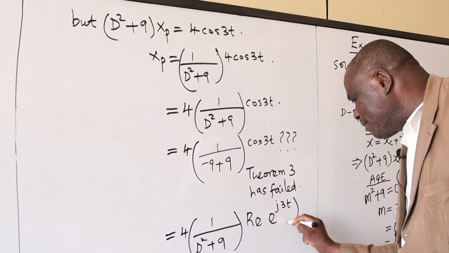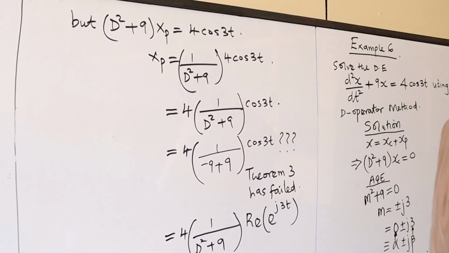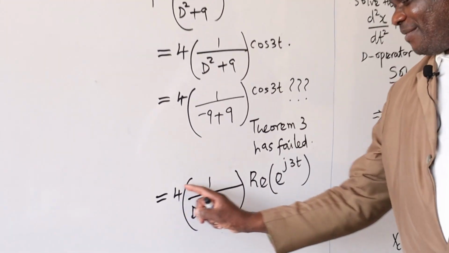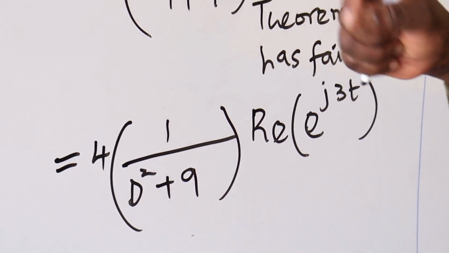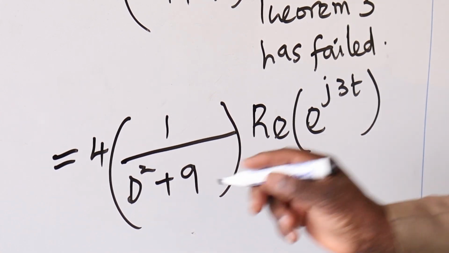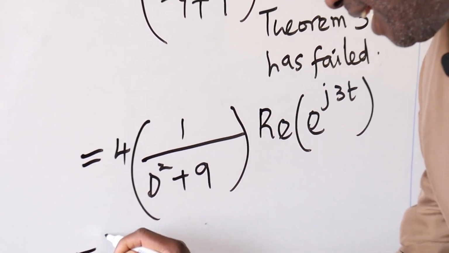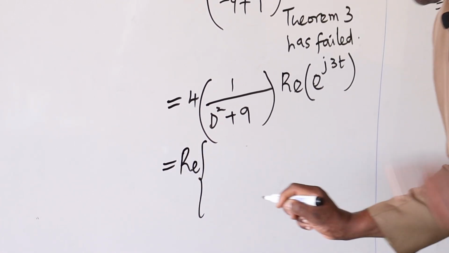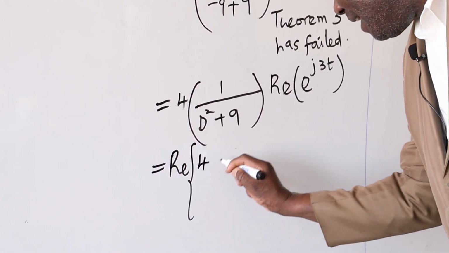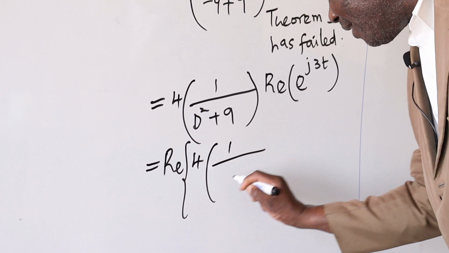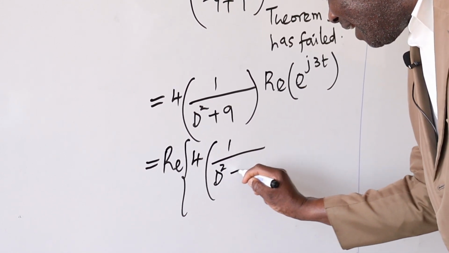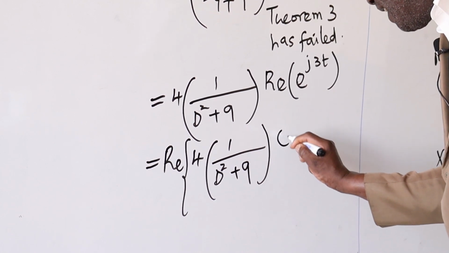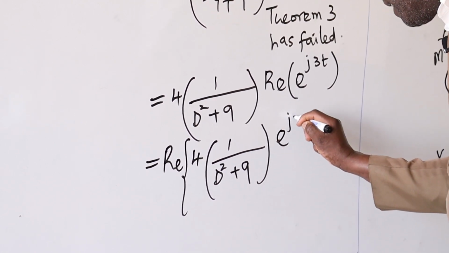Whatever we have here is real, so the final answer will just be a real value. So we take the word real out, then we remain with 4 into 1 all over D squared plus 9 multiplying exponential j3t.